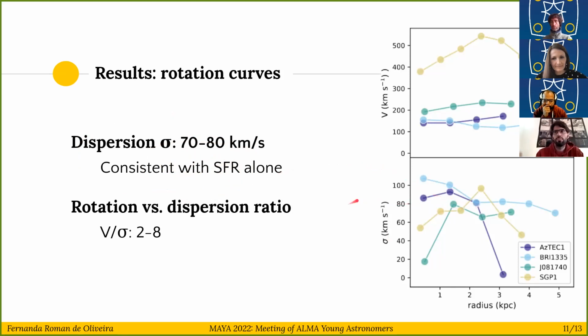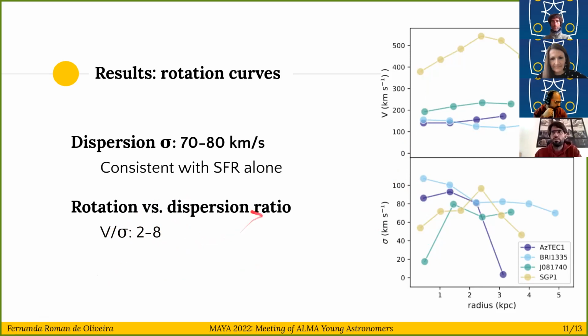And the V over sigma ratio of these galaxies varies a lot. So we have a galaxy with a V over sigma of 2 and a V over sigma of 8. So we're seeing a kinematic diversity here. We're getting closer to what we expect from the models in a sense.